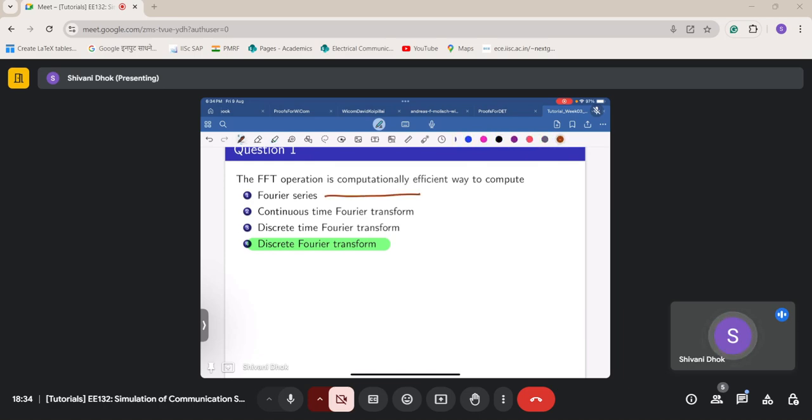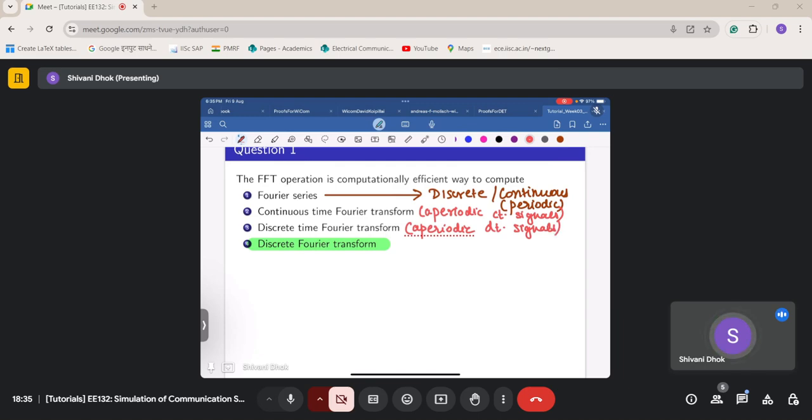The Fourier series can be discrete time or continuous time, and these are for periodic signals. Then we have the continuous time Fourier transform for aperiodic continuous time signals, and the discrete time Fourier transform for aperiodic discrete time signals.